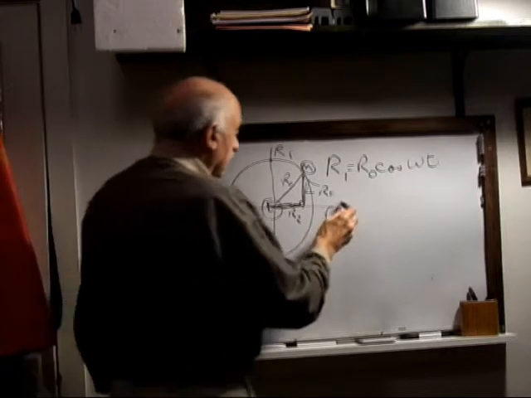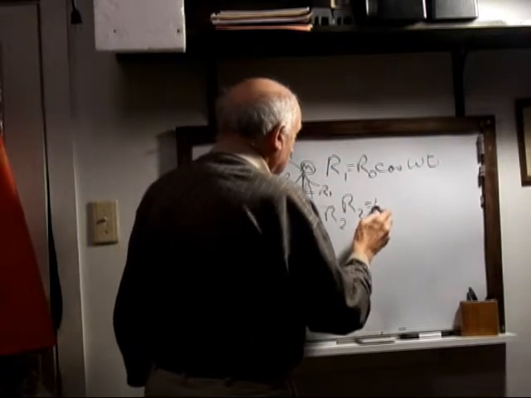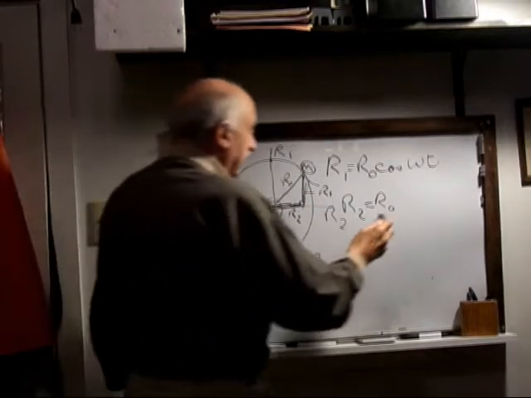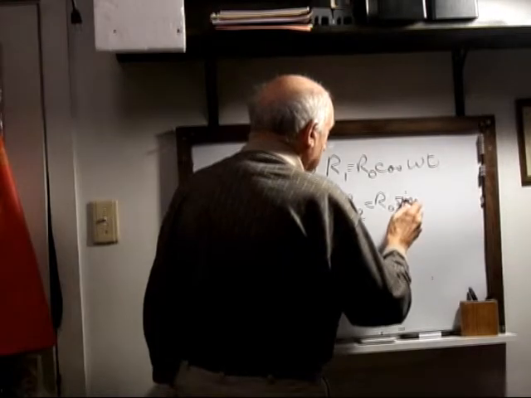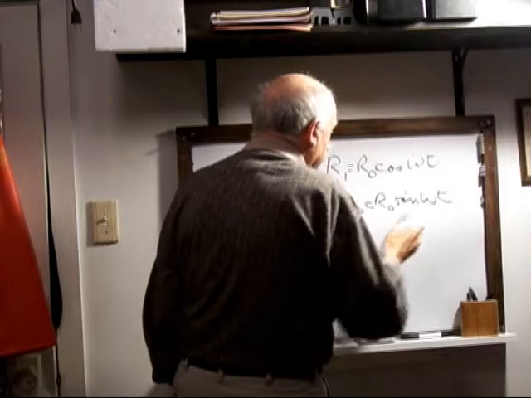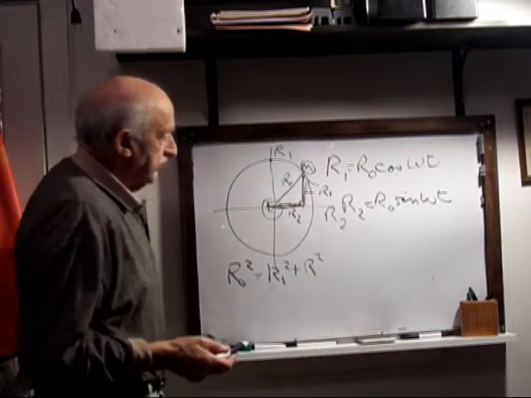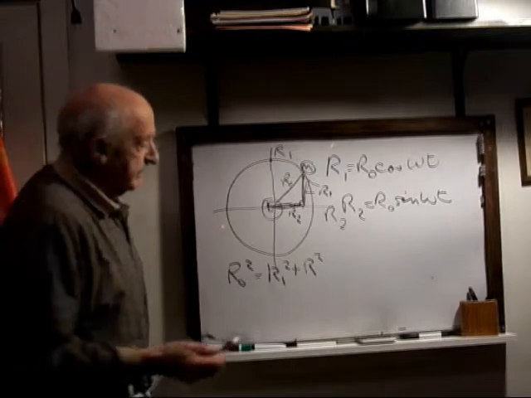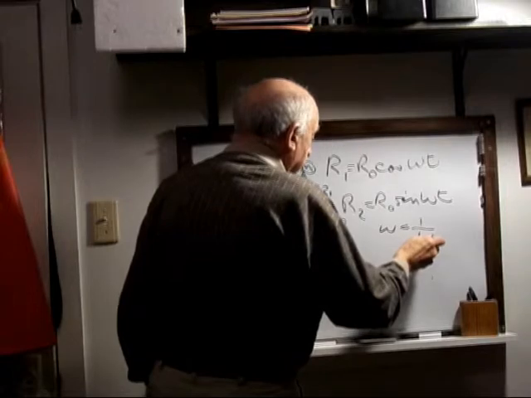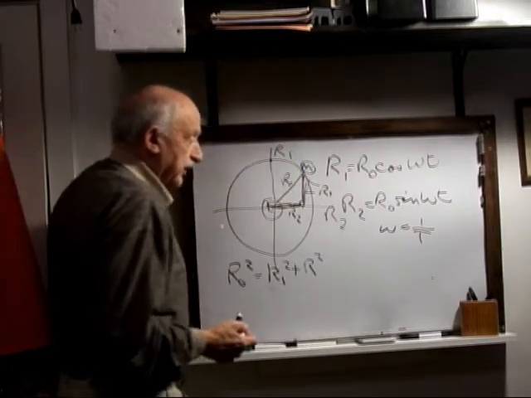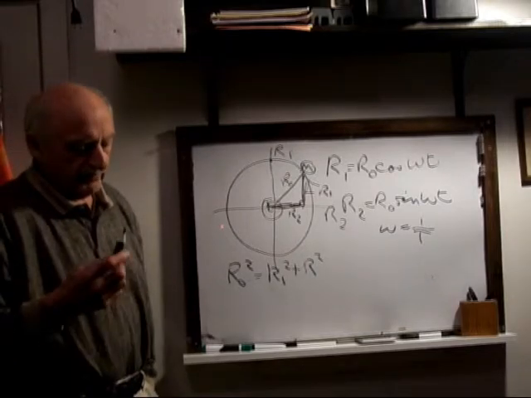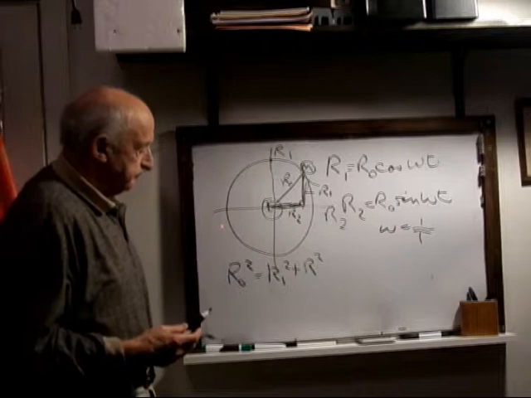And similarly, R2 is the same, except that it's off by 90 degrees, which means that it is a sine, sin of omega t, the time. And we don't talk about the frequency so much as the period, and omega is equal to 1 over the period T, which is what we used in our Newton's equation in the previous video.